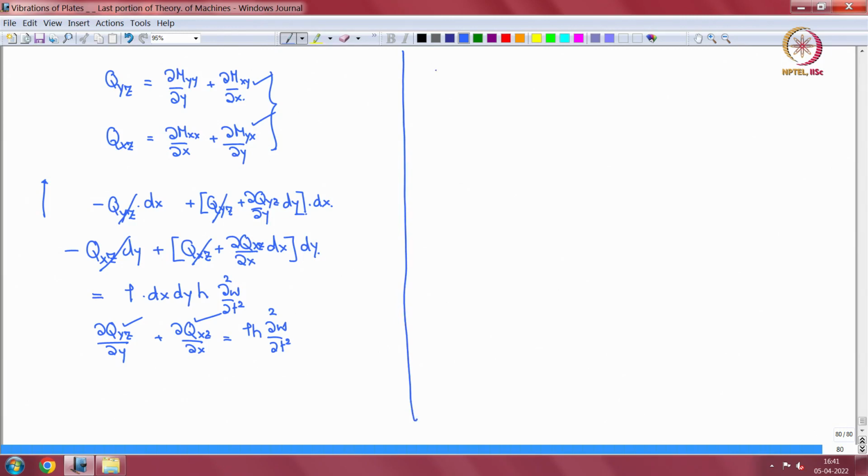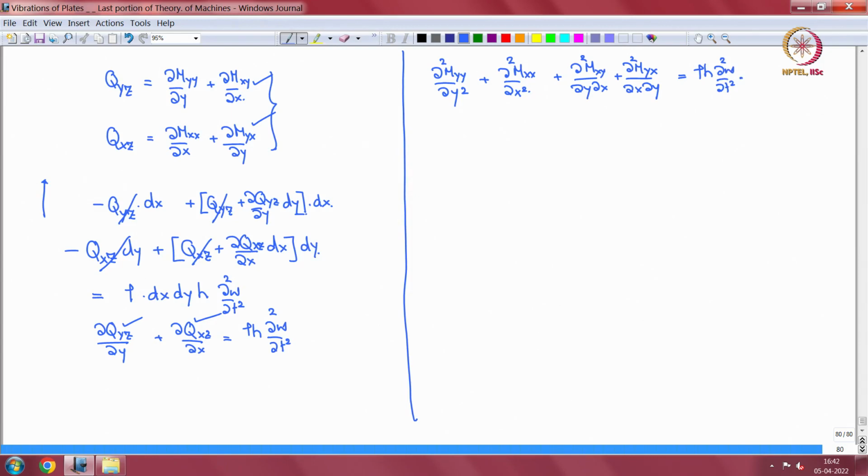We get del 2 myy by del y square plus del 2 mxx by del x square plus del 2 mxy by del y del x plus del 2 myx by del x del y, both are equal, and that is equal to rho h del 2 w by del t square.